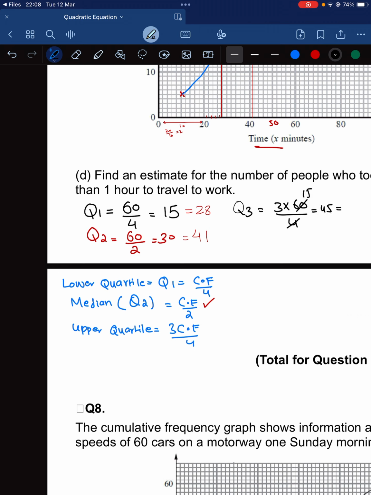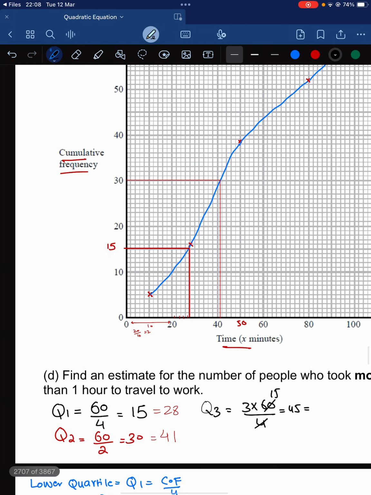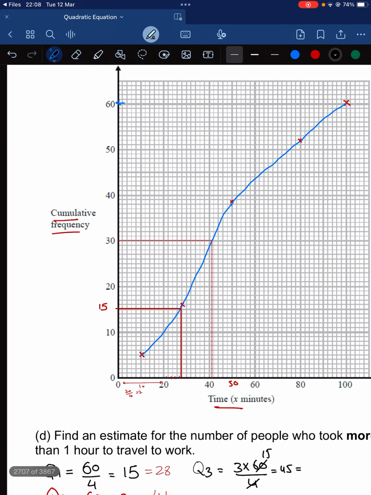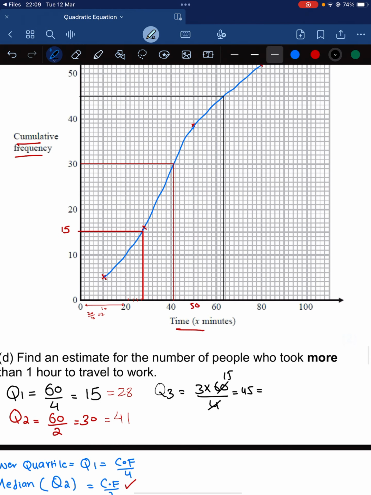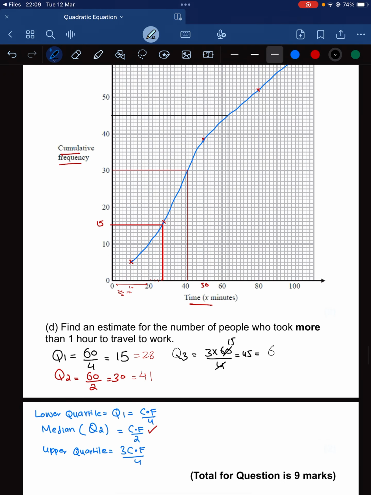Now we need to look at the value against 45. So this is 45, and against 45 we will go to the x-axis and then find the value. We have something around 63. Okay, so the upper quartile is 63.